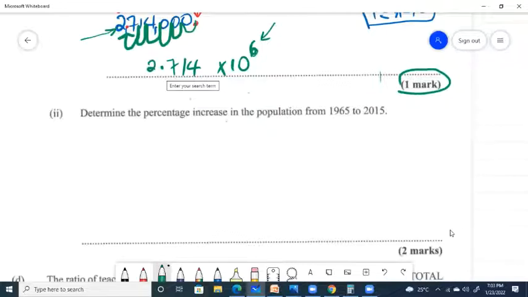Now, the question went further and it says, determine the percentage increase. So you could see now it's jogging your conceptual understanding to see how much you really know. It says, determine the percentage increase in the population from 1965 to 2015. The percentage increase.